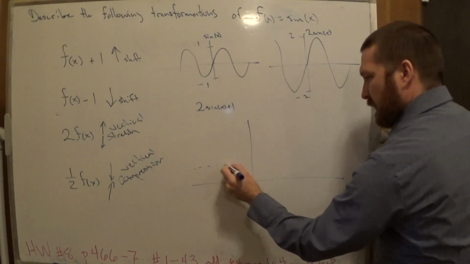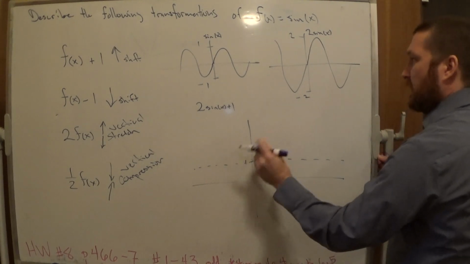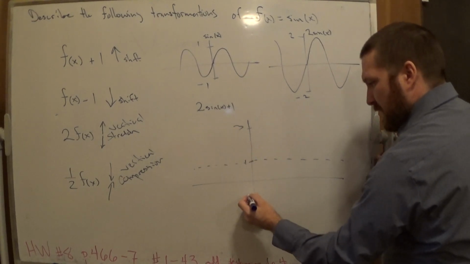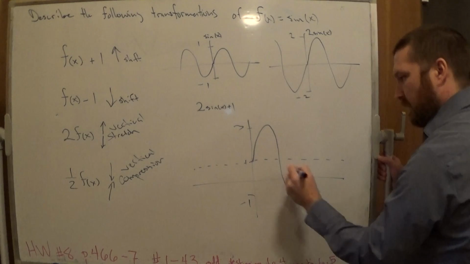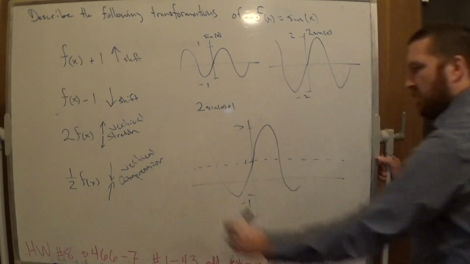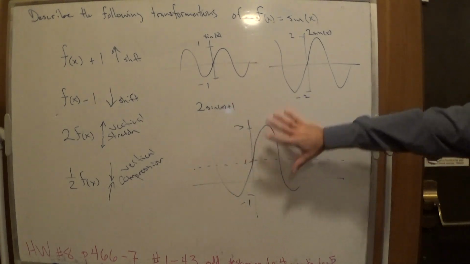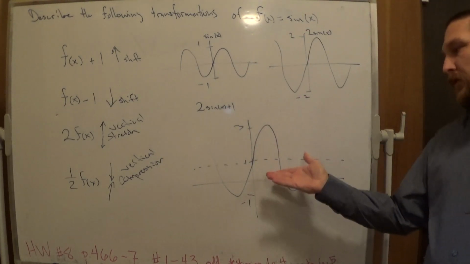And so that would be right here at, say, 1. 2 would go up 1 to, just like you said, 3, down to -1. And this is where this guy would go, like that. And so on and so forth, right? So there's nothing new there. You're going to have to do plenty of that in this homework, but that's nothing new, okay?